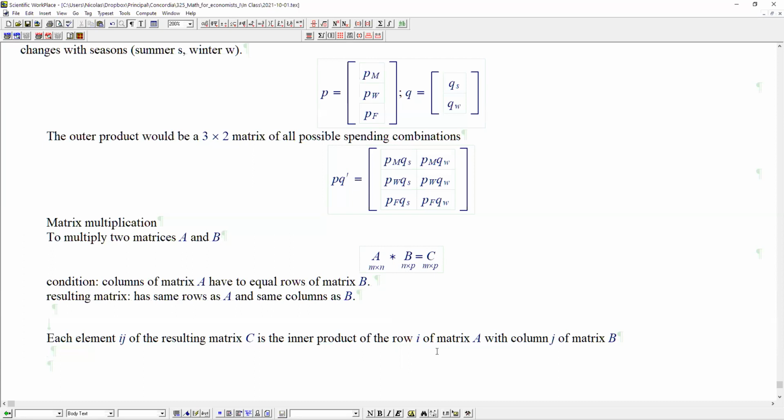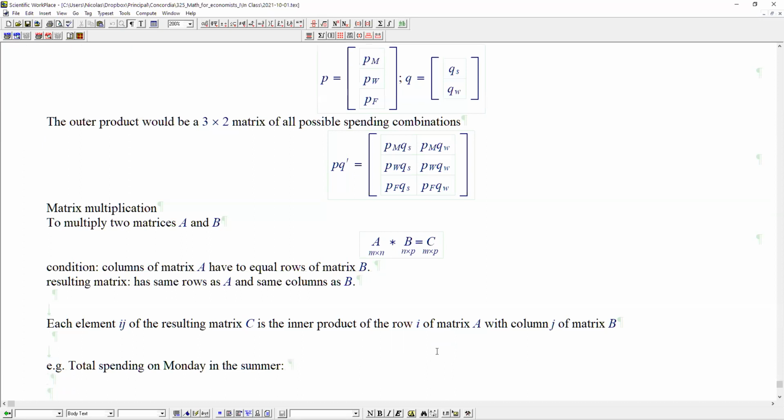So let's start with the inner product that we've seen before. Example: total spending on Monday in the summer.